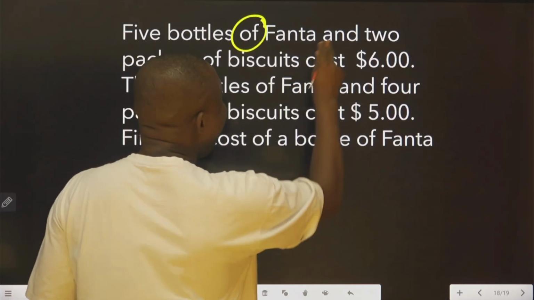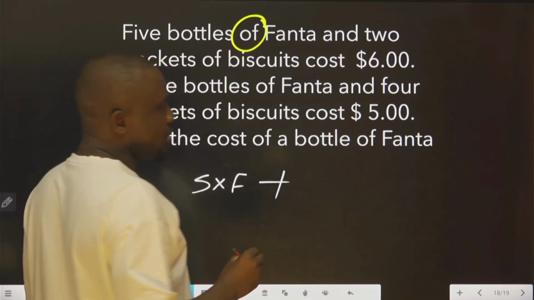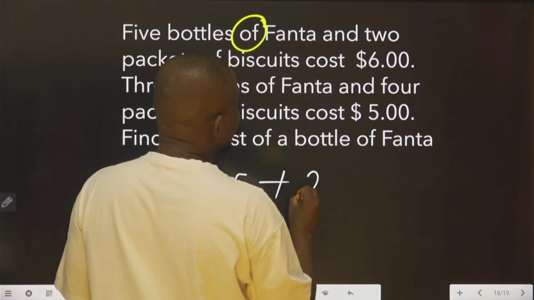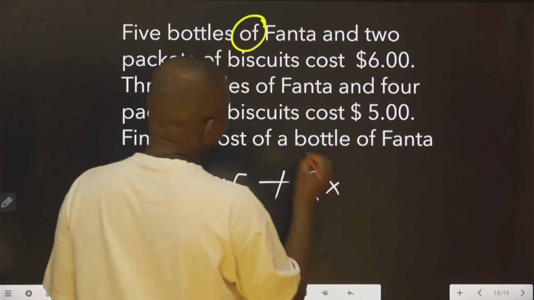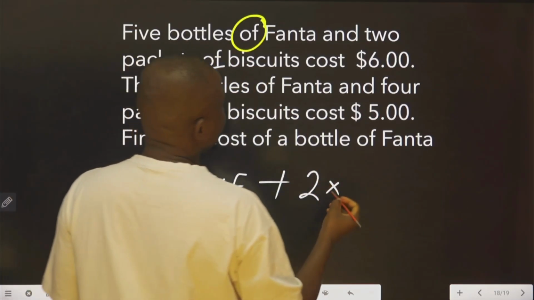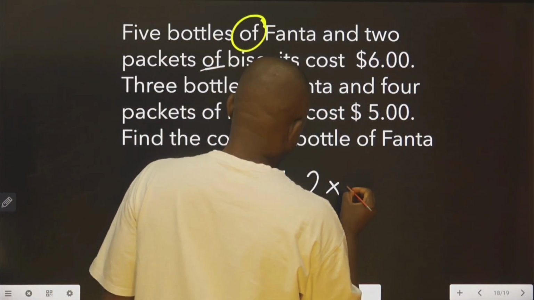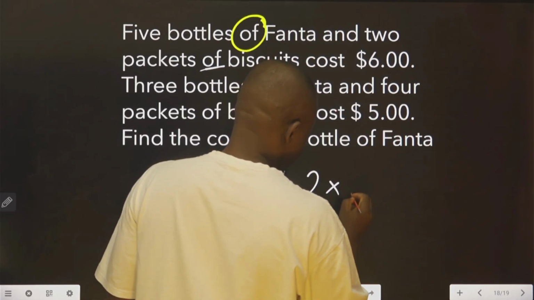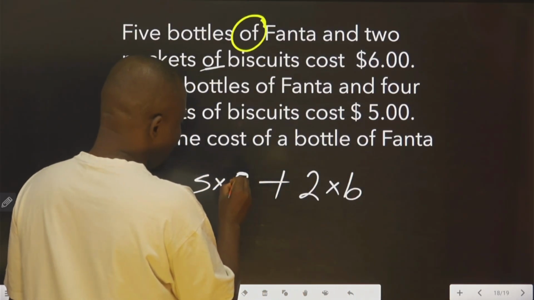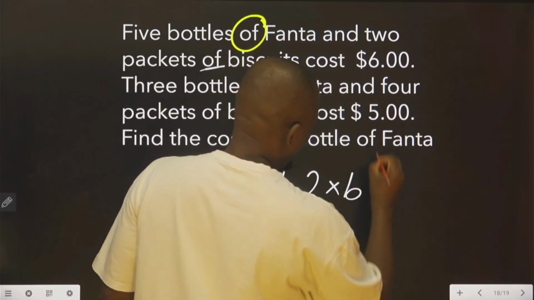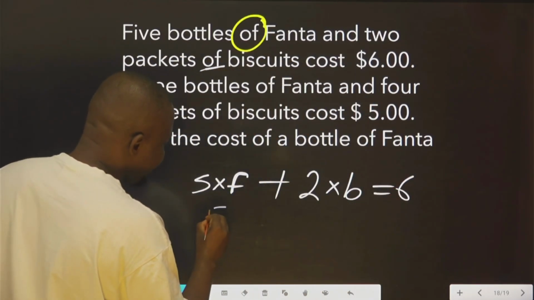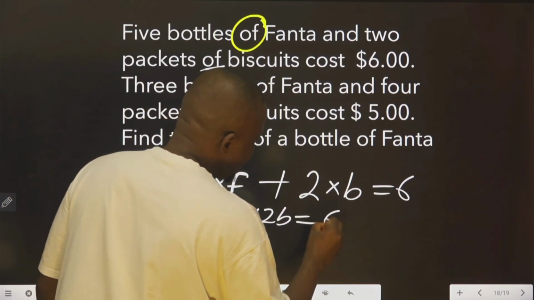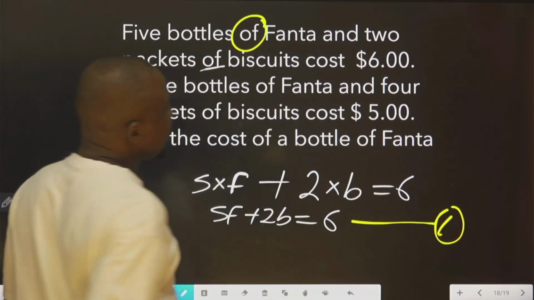And and means plus in mathematics. 2 packets of biscuit. Let's put small letter b here, and let's make this one small letter F. So this is 5F plus 2b equals 6. This is equation 1.